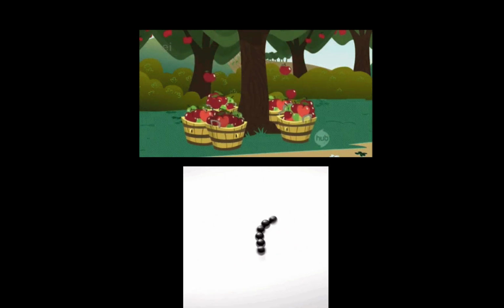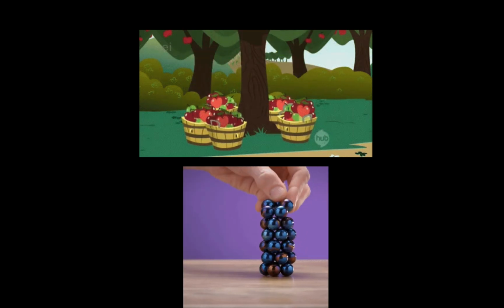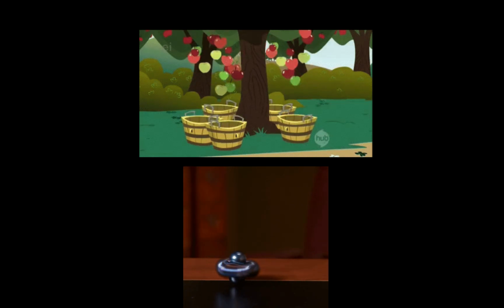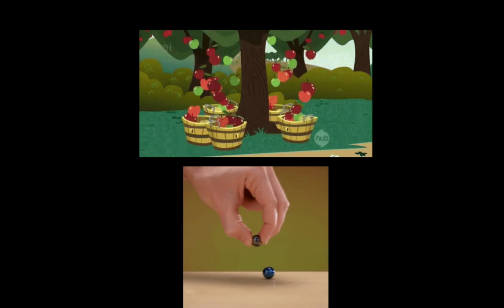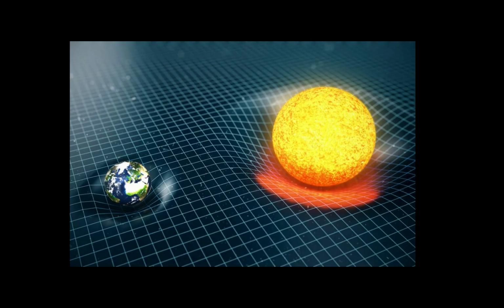So let's focus on that top one, gravity. And basically, the way scientists think of it right now is that space is being curved by massive objects. Everything that's made of matter has some amount of gravity, but the bigger something is, the more gravity it has.